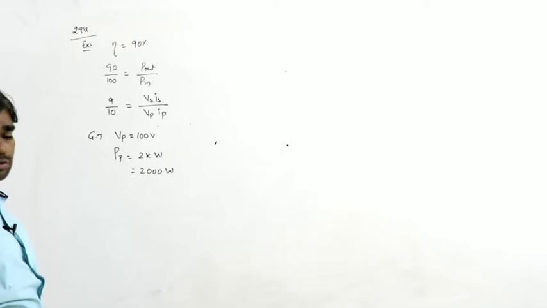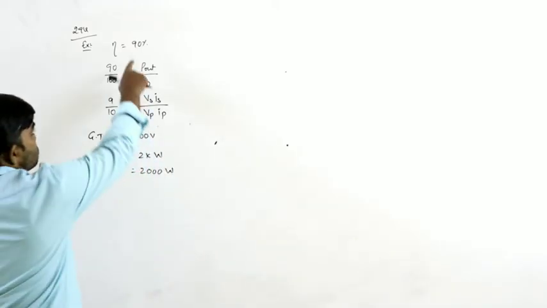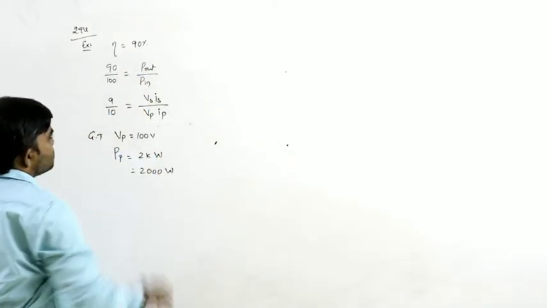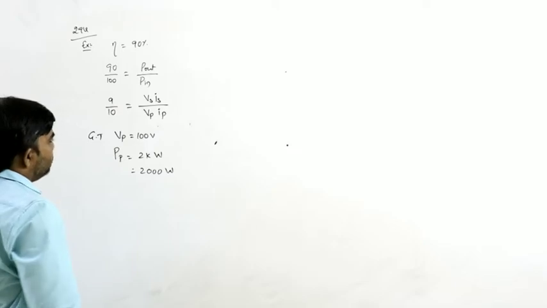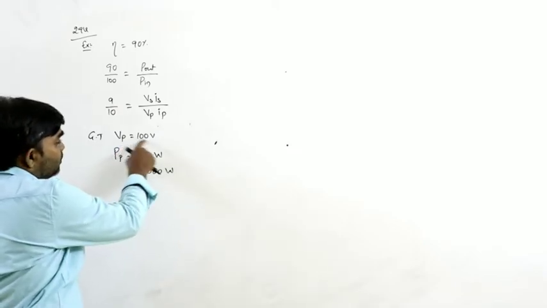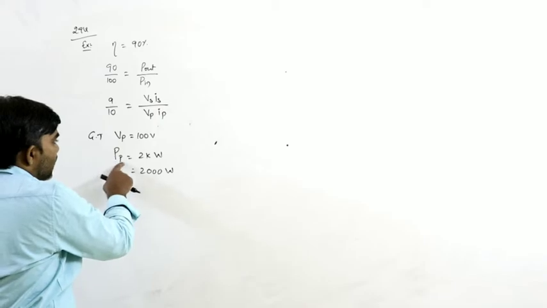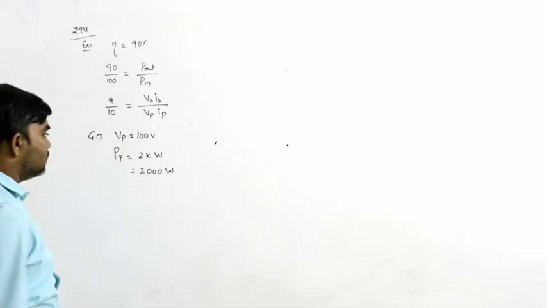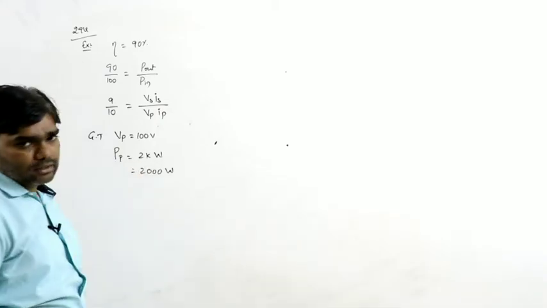Efficiency is 90%, so 9 by 10 is equal to Vs Is divided by Vp Ip.